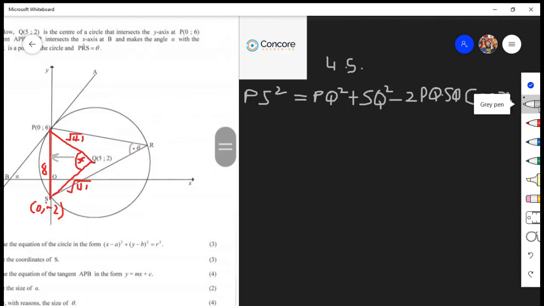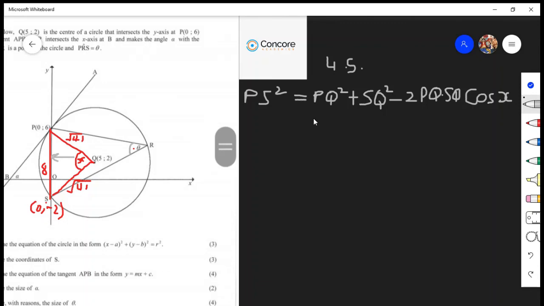Yes, I'm finding angle x using PQS. You see the triangle that I drew in red? That's the triangle that I'm using. I'm not using triangle PRS. I can't use triangle PRS because I don't have length PR, and I don't have length SR, and I can't calculate those lengths because I don't have the coordinate of R. Do you understand?